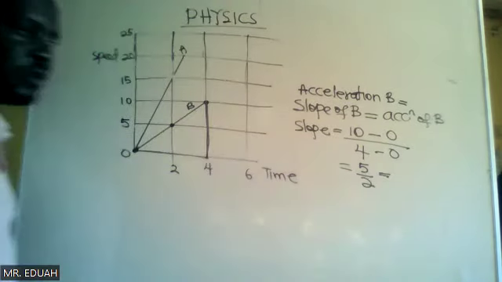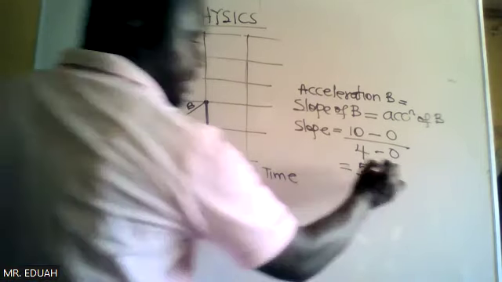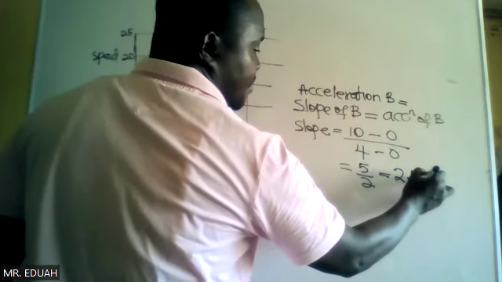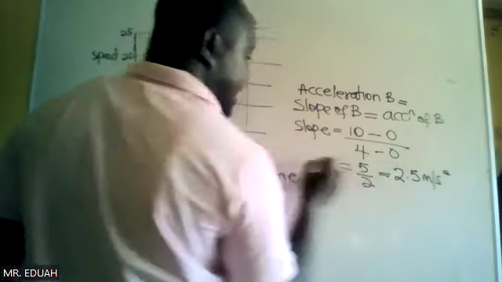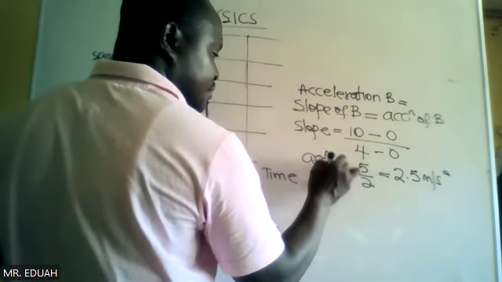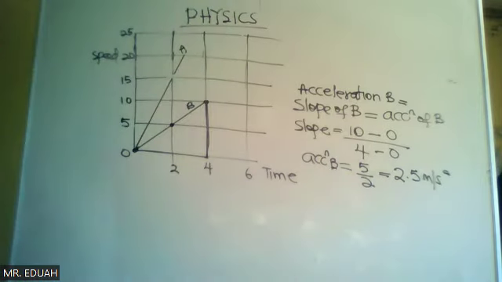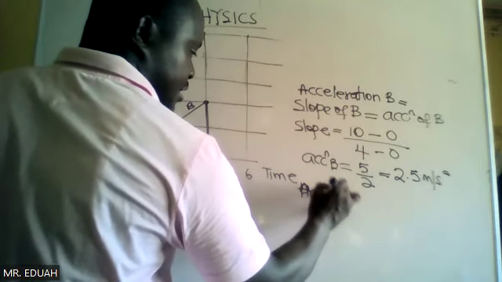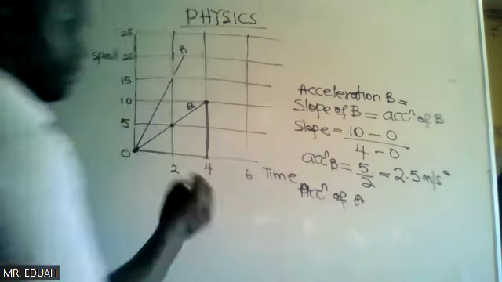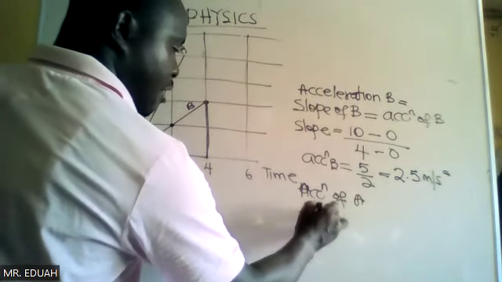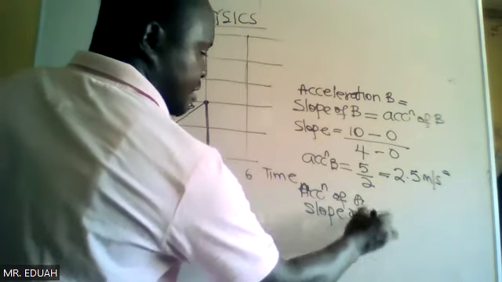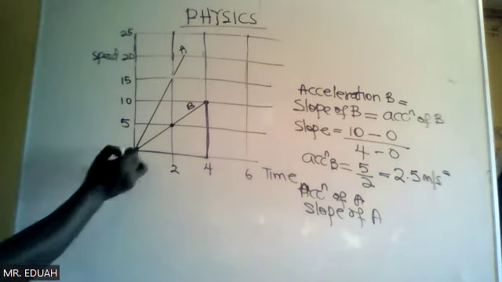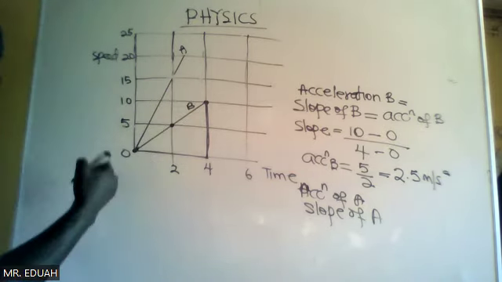And what is 5 on 2? 5 on 2 is the same as what? 2 point 5. 2.5 meter per second squared. And this is the acceleration of B. Okay, then acceleration of A must also be equal to the slope of A. Now, you see, over here, I picked this and this.